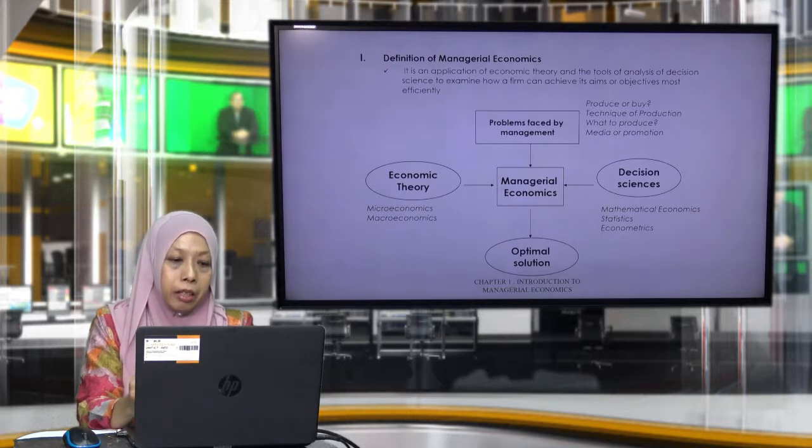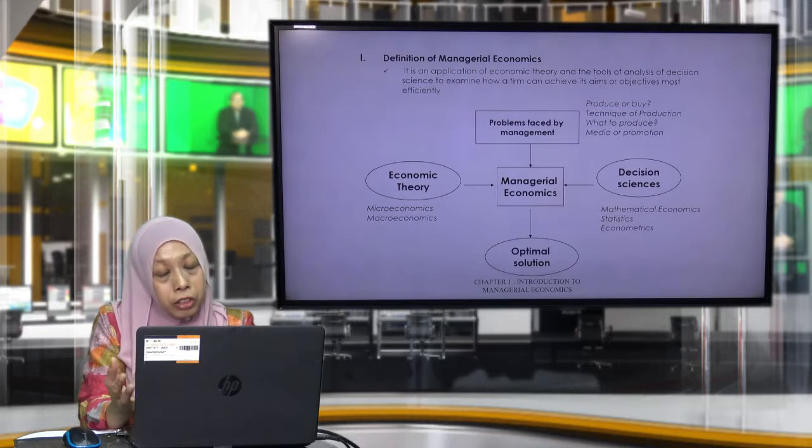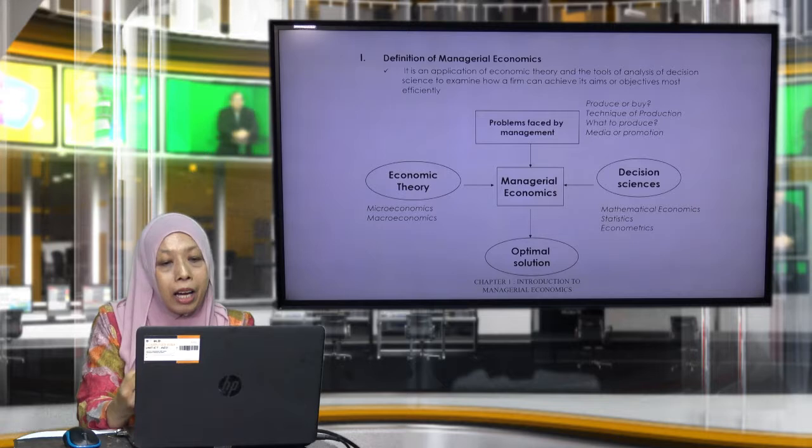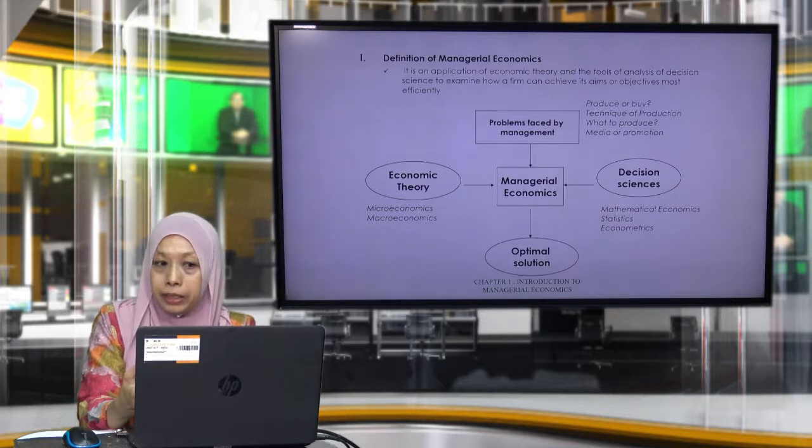Microeconomics is the study of individual units of the economy, so here we are looking at how specific units make decisions. Macroeconomics is the study of the economy as a whole, so we are looking at big issues. But in this course, we are more concentrating on microeconomic theories as opposed to macroeconomics.